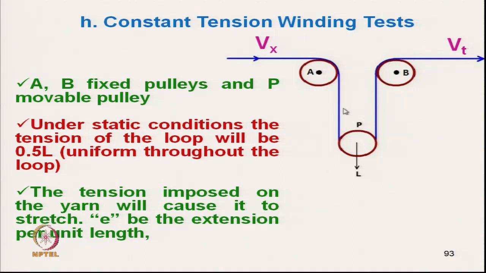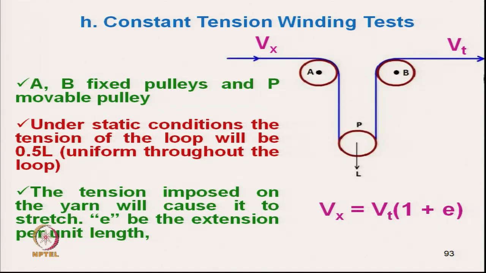Okay. The tension imposed on the yarn will cause it to stretch. So, if the stretch is E, then E is the stretch of the yarn during tension. That means we have to adjust the speeds Vt and Vx accordingly. So, Vt will be higher than Vx, that we know. If we know the extensibility of the yarn, we can adjust Vt. Okay.